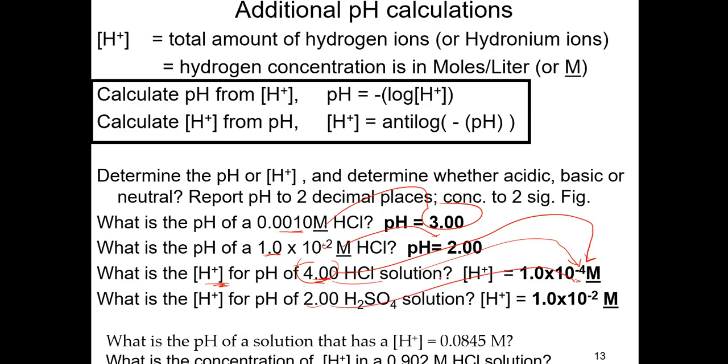Realistically, I'm going to give you a combination of these as well as ones that you have to calculate out. Especially because I spent so much time on the calculator, I'm still going to give you ones like this on the bottom, where you have to calculate those out. So what is the pH of a solution that has a hydronium concentration of 0.0845? That's pH of 1.073.